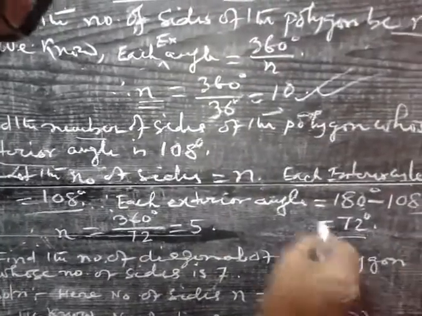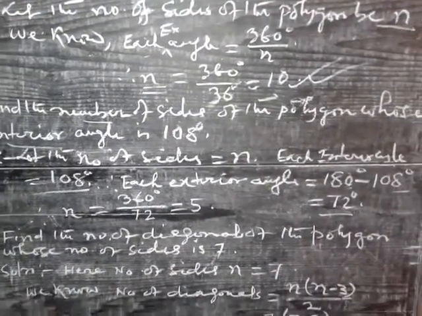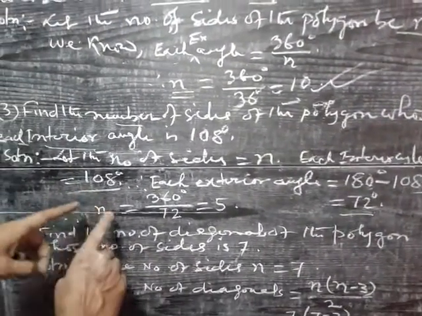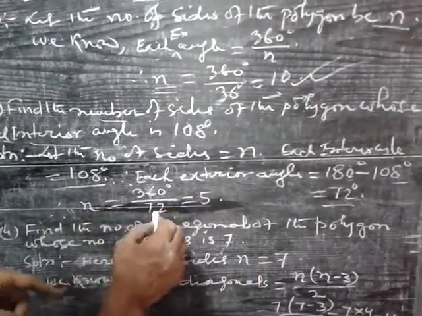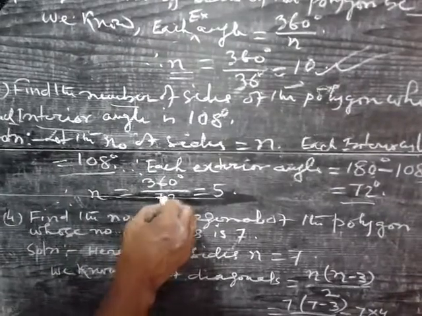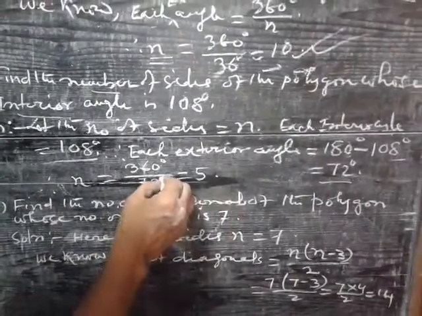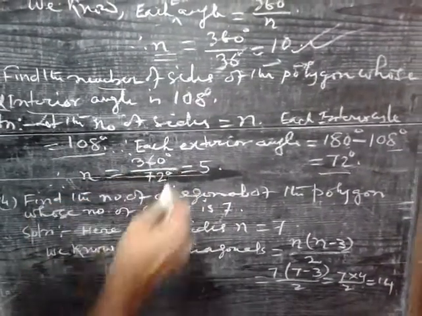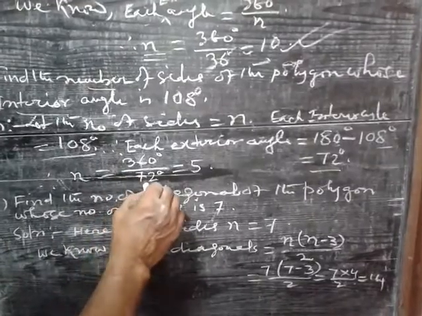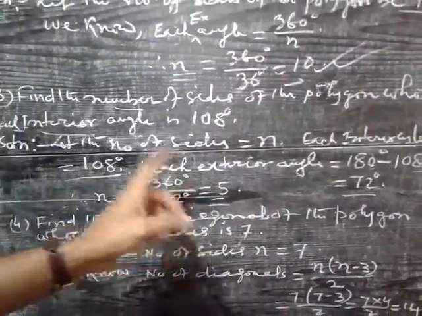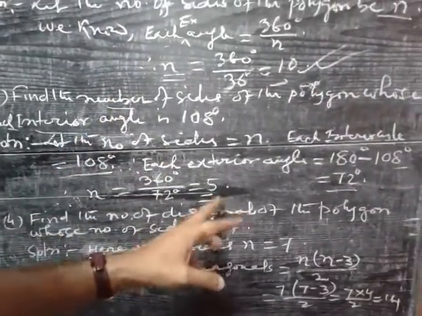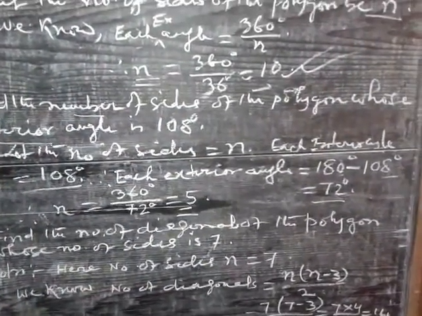It is very simple to find, 72, and it is very easy to find with the help of each exterior angle, because 360 by each exterior angle will be the number of sides. So here 360 by 72 degrees, it will be 5. That is, it is a pentagon. That is, the number of sides will be 5.